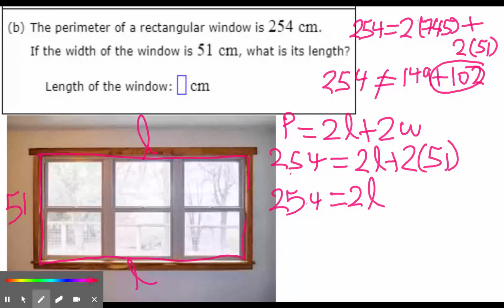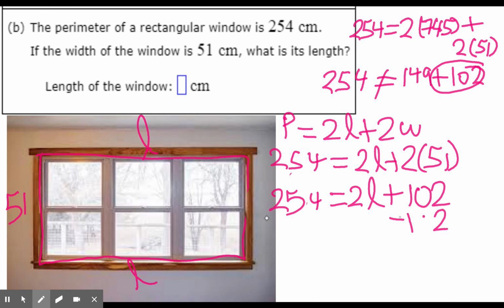So I've gone back to right before my error occurred, and we're going to replace 2 times 51 with 102. And now when we subtract 102 from both sides, we'll get the correct difference. 152 is equal to twice the length.